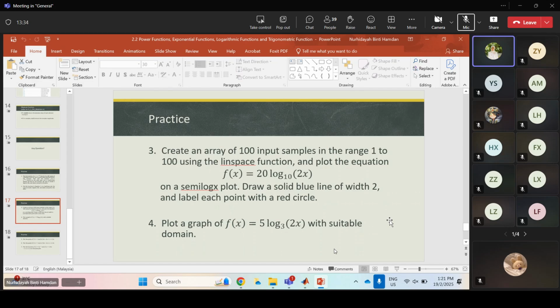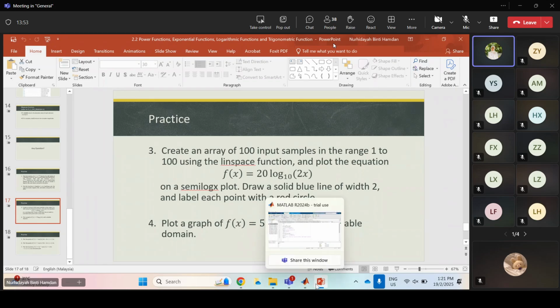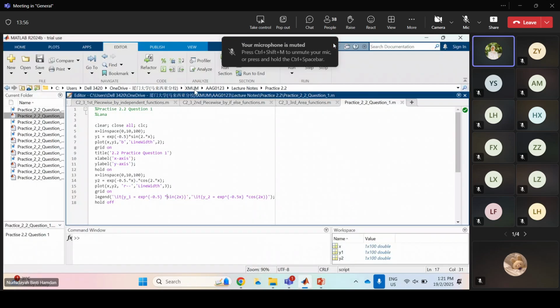We want a solid blue line with width 2. Then label each point with a red circle. This one also you have to use the hold on function. First we have to draw the graph, then after that we draw a marker with a red circle. I have shared with you the answer.